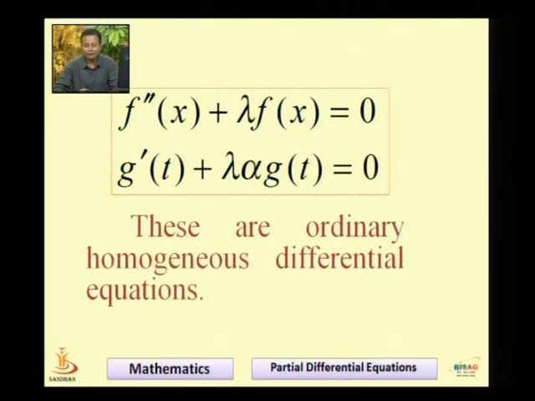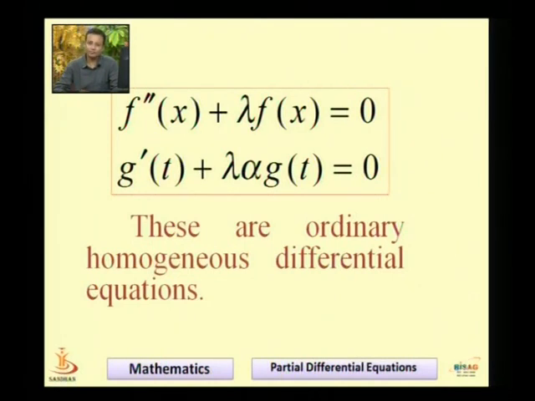So for the first equation, f double dash x plus lambda into f x equal to 0, the auxiliary equation takes the form d square plus lambda equal to 0, if we denote capital D by d by dx. So d square plus lambda equal to 0, and the roots of the auxiliary equation are d equal to plus minus root lambda i.